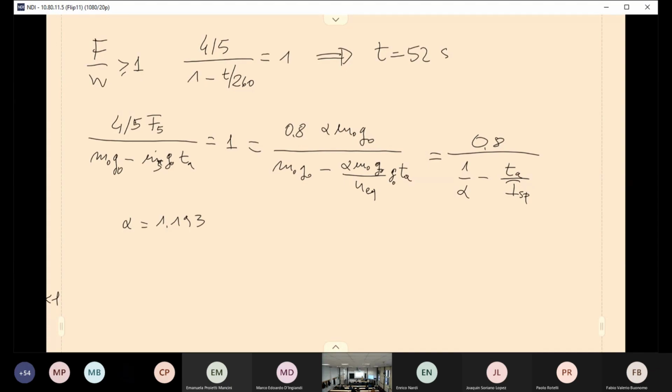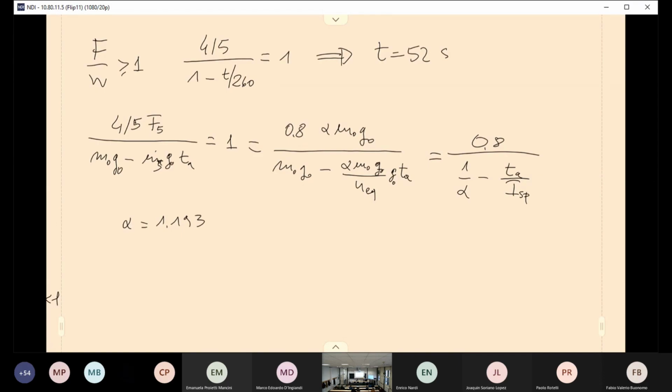Yes, we have, because we have a given amount of propellant and we know that we have thrust and specific impulse which are constant. That means that also the mass flow rate is constant. So if we have a given mass flow rate, we will consume all the propellant in the time that comes from the division between the available propellant mass and the rate at which we are consuming propellant.